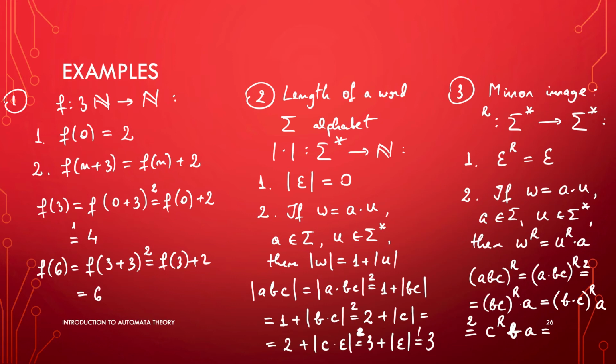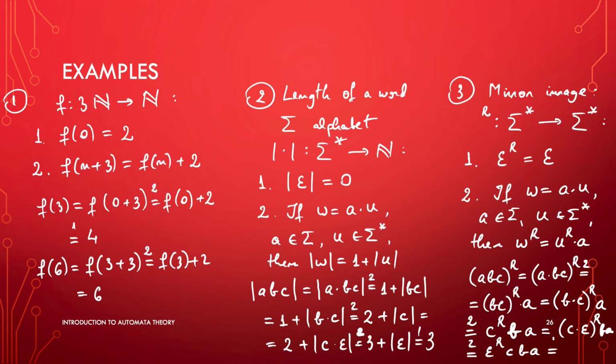And then we realize that word C is just letter C times the empty word, and the reverse image of that. And again, we apply the second condition, and that's going to be the mirror image of the empty word times C, and then we had still times B and A. I say times instead of concatenation, but hopefully this is not confusing.